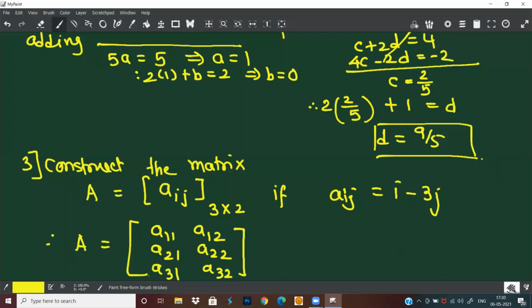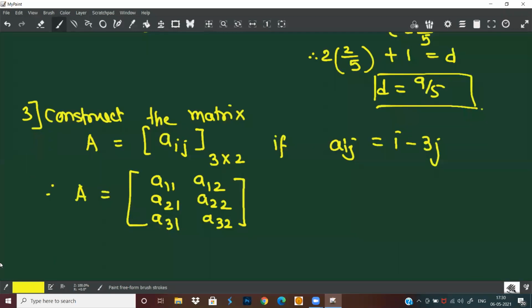See, there are 3 rows and 2 columns. Correct? All of you understood how to write? So अपने पास है Aij is I minus 3j. ये फॉर्मूला दिया हुआ है.